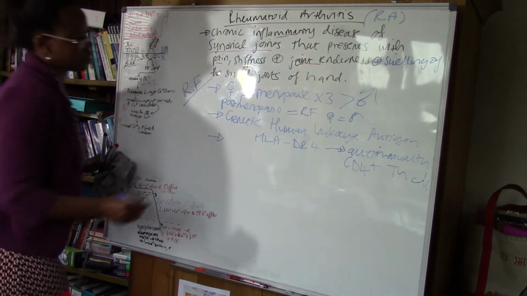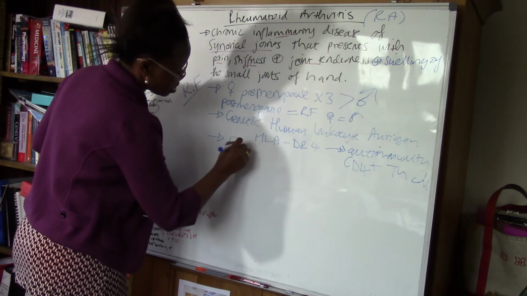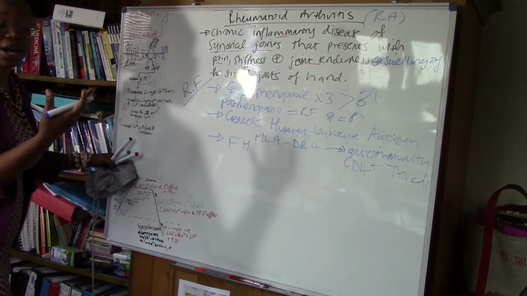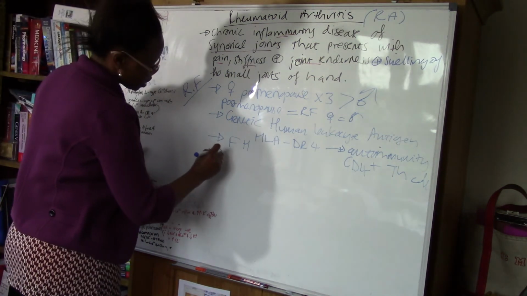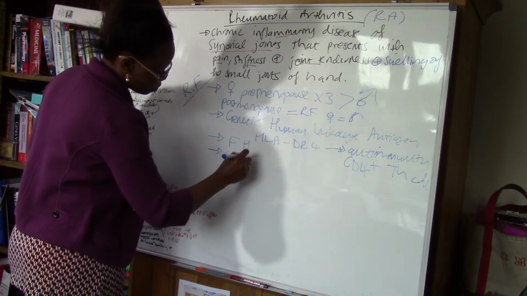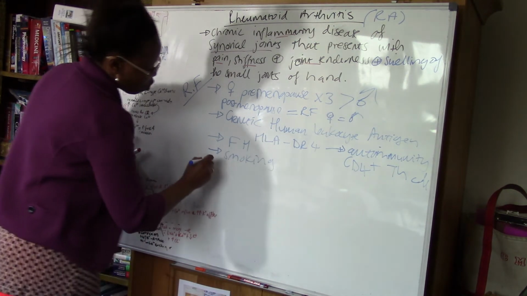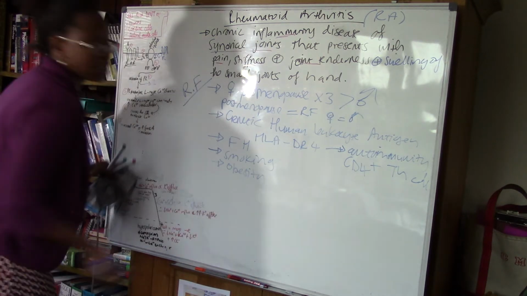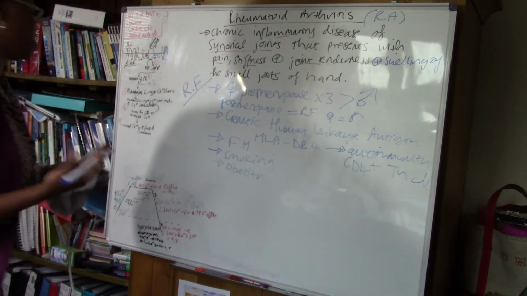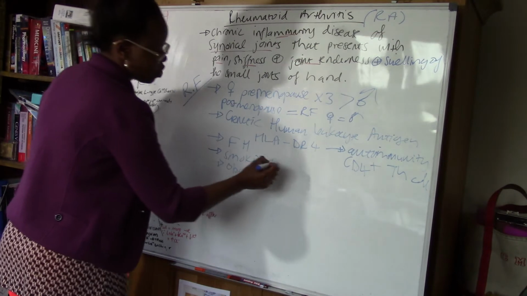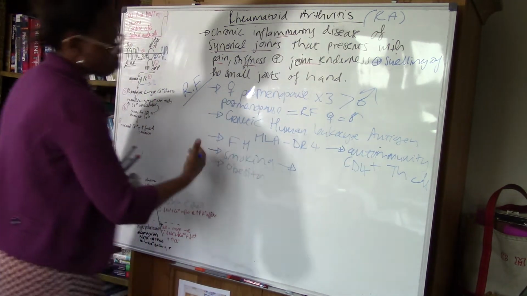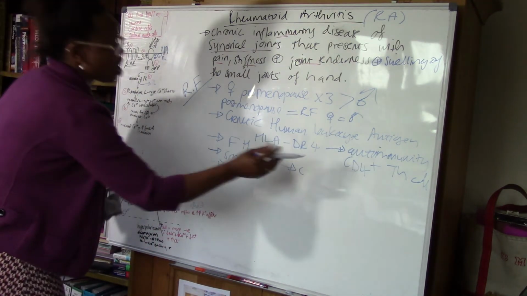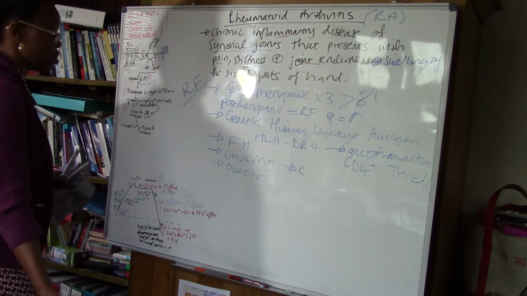Other risk factors include a family history of rheumatoid arthritis, smoking, obesity. Obviously, obesity will increase pressure on the joints, and smoking has a lot to do with stimulating cytokines and stimulates inflammation, really.